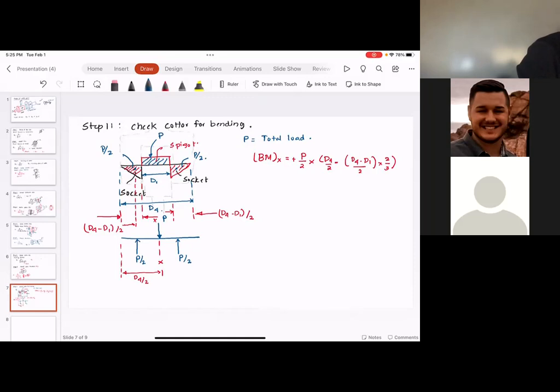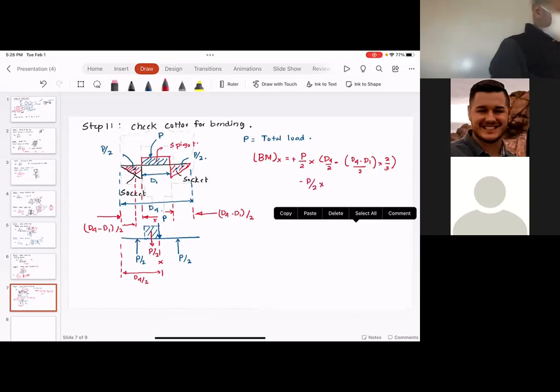And then if you look at the rectangular portion here, this force is going to be, since at the center span the load is P, half of that load is going to come down here, which is P by 2, minus P by 2 multiplied by this distance, which is d1 by 4.